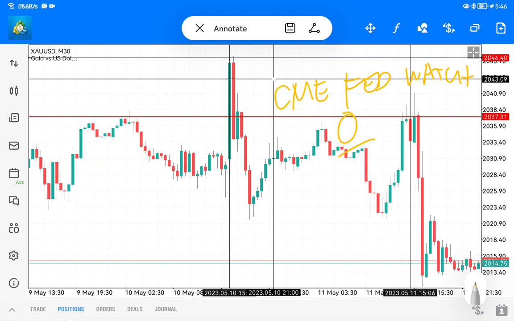Knowing that this is a US session, opening of a US session, fresh pa yung utak ng mga nasa US na traders, then yeah, they can see that the Fed Watch tool, no probability of rate cut for this day. Gold is pushing up, and maybe it's going to come down. Kasi wala namang probability na magre-rate cut. Anong reason ni gold para tumaas? Okay, wala siyang reason para tumaas.